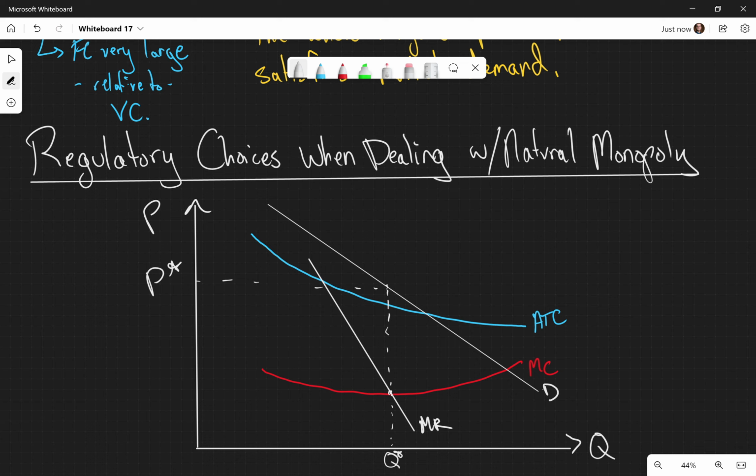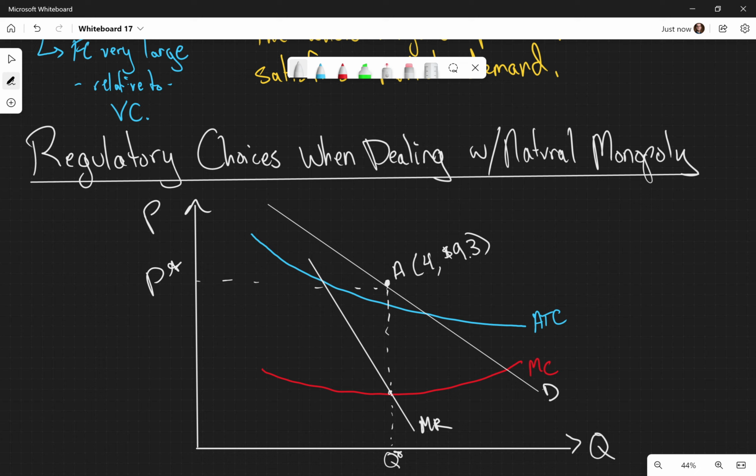And so for this particular one, this particular point is called A in the book. And it is a point where there are 4 units being produced, and the price is $9.3. So this is where they will produce without any regulation.